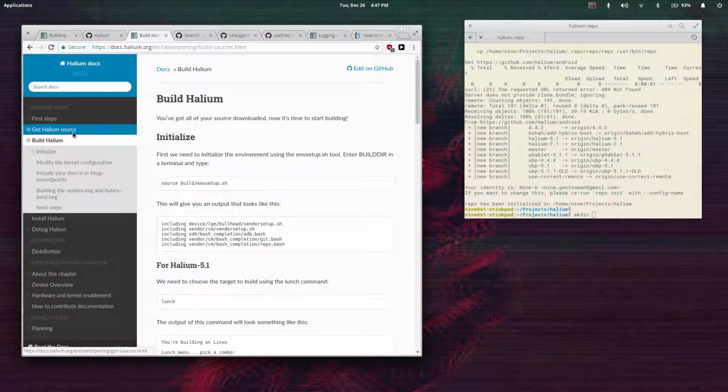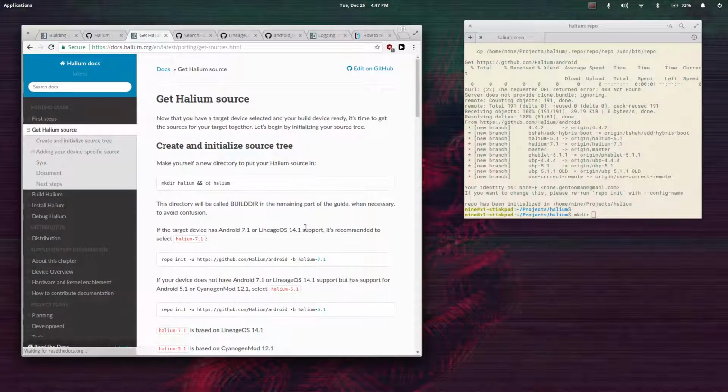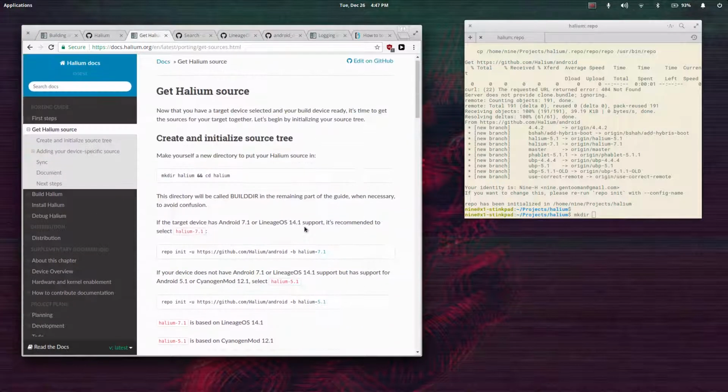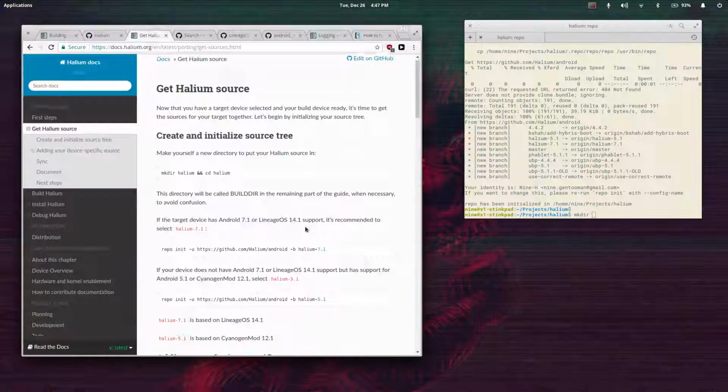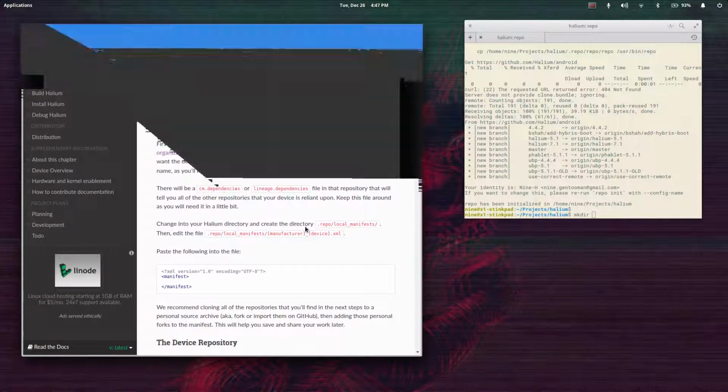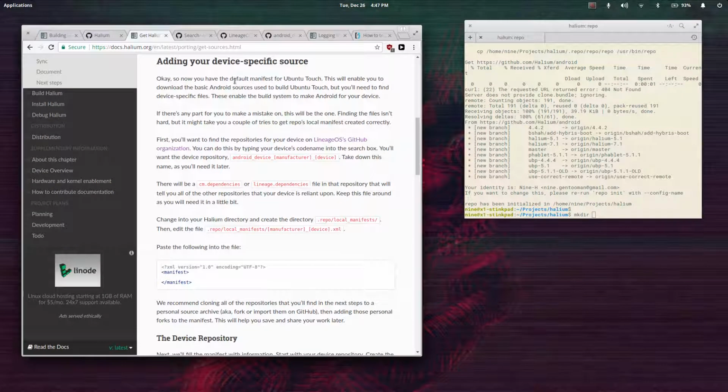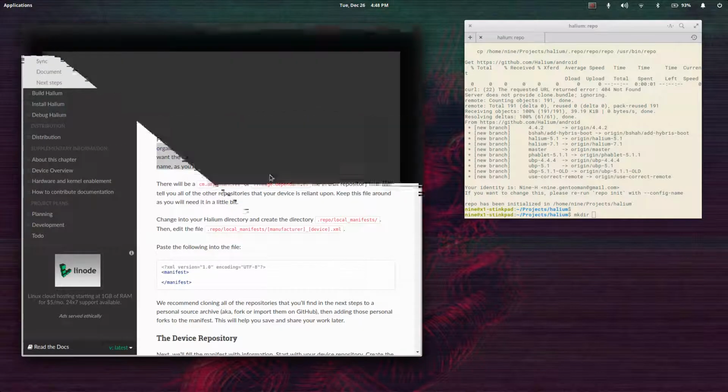Fucking hell. Okay. Device specific files. These enable the build system to make Android for your device. If there's any part for you to make a mistake on, this will be the one. Alright, got that.